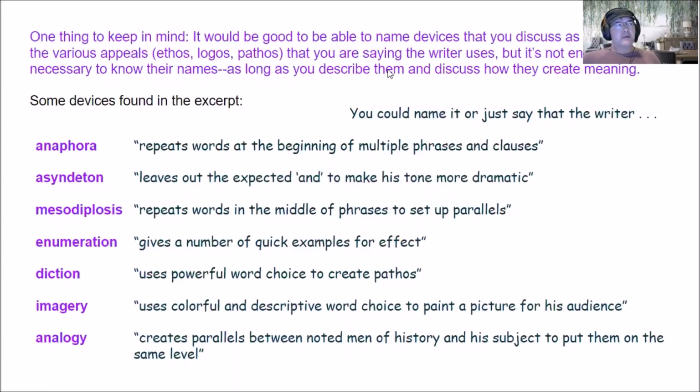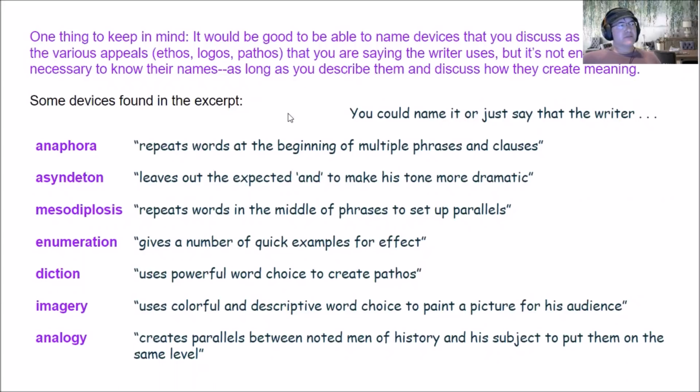But you need to understand that this isn't a test on whether you know these words or not. Students have gotten perfect scores on this essay without knowing any of these words. They simply discuss what is happening in the text, describing what is happening, and discuss how it creates meaning.